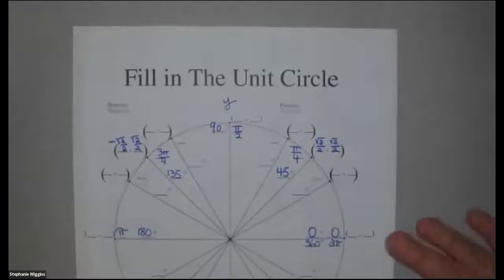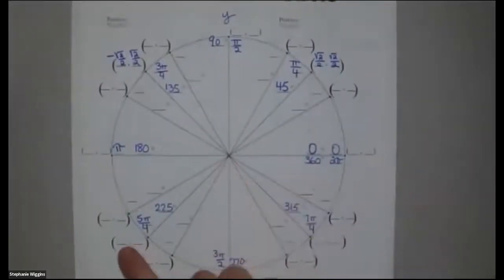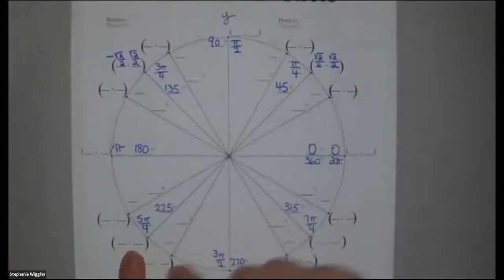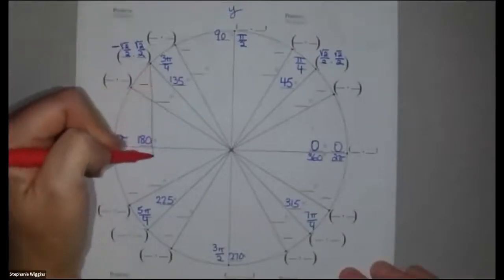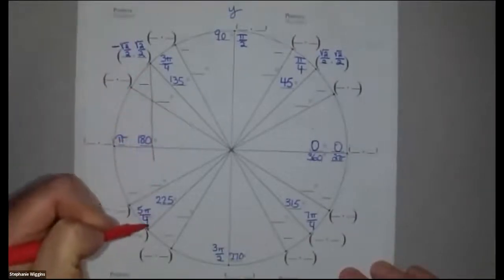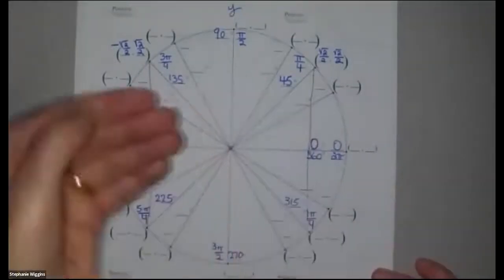Okay. Now we do the same thing for these points right here. This triangle, if I draw these triangles in here like this, they're all going to be the same triangle, just flipped. You know, this one flipped over here, this one flipped over here. But the distance for x and y is going to be the same.